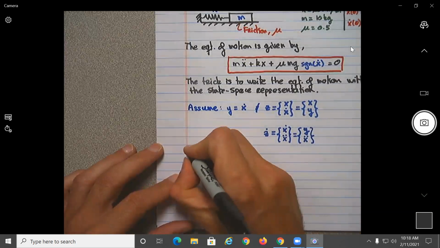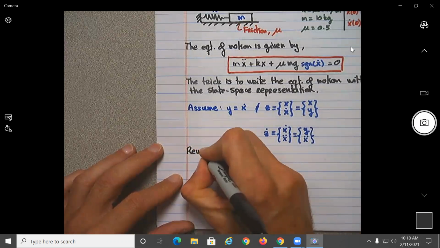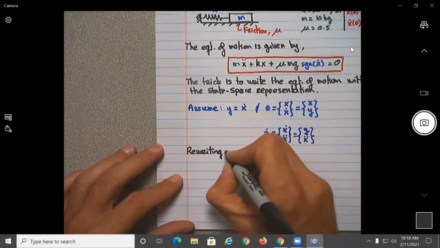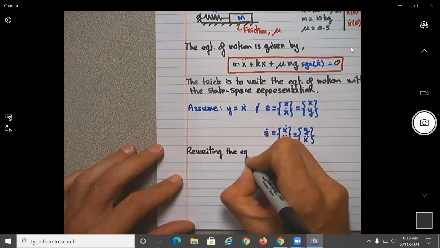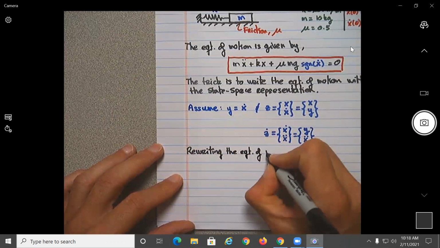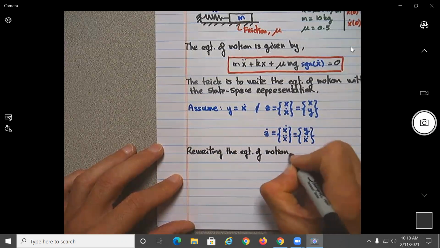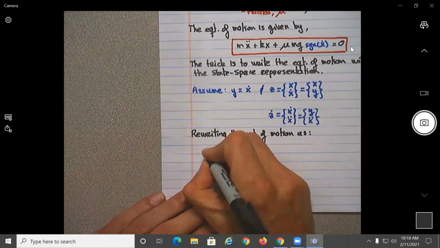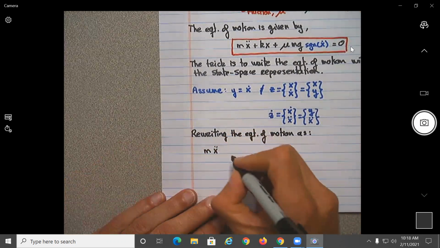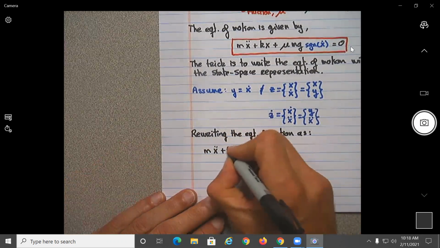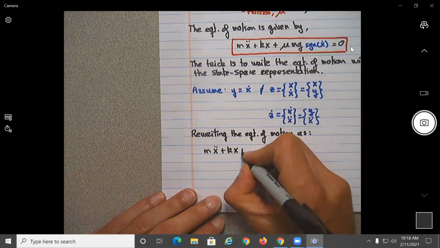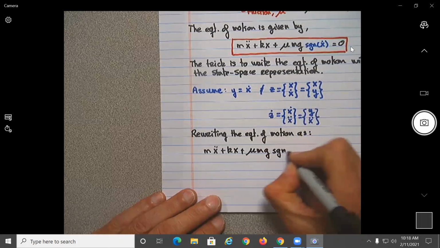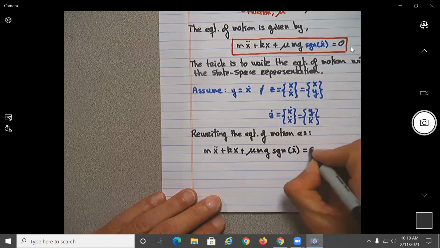Okay, so we can go here to rewriting the equation of motion. The first time I just do with you every single step. m x double dot plus k x plus mu m g sign x dot equals 0.